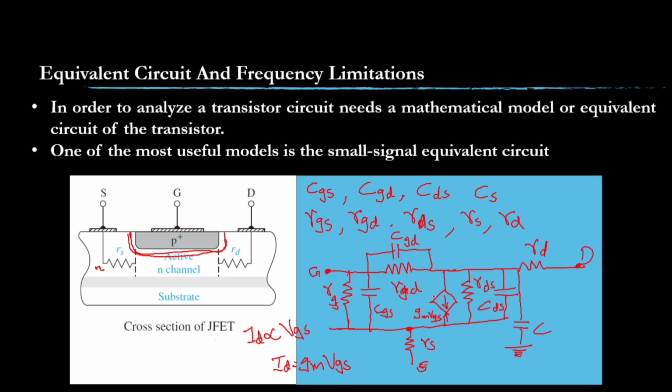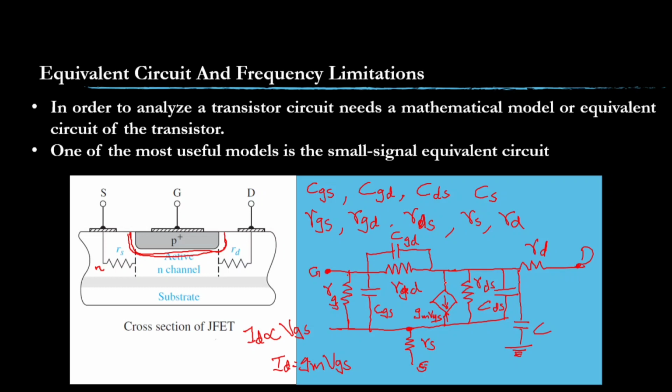So we have represented the semiconductor JFET in terms of passive elements like capacitors, resistances, and one current source. Using this, the amplification of the JFET can be analyzed with this mathematical model.